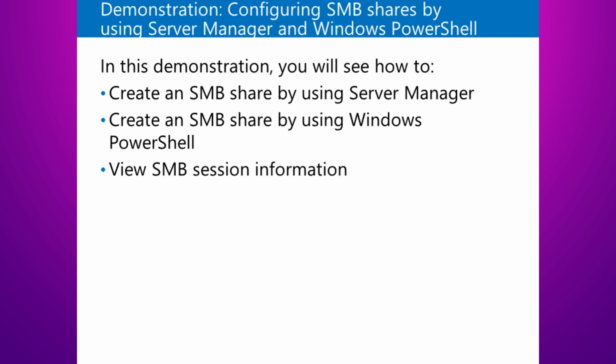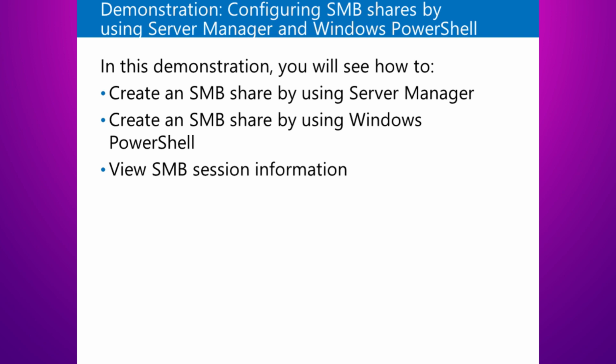Create a new share with the following settings. File Share Profile: SMB Share, Quick. Server: LON-SVR1. Select by volume: D. Share name: Demo Share. Enable access-based enumeration: selected. Permissions: default.